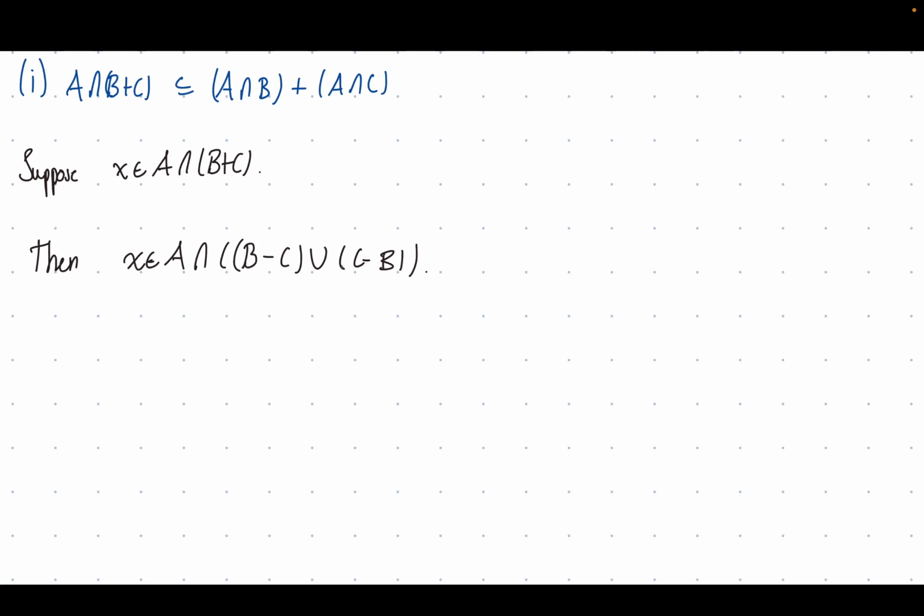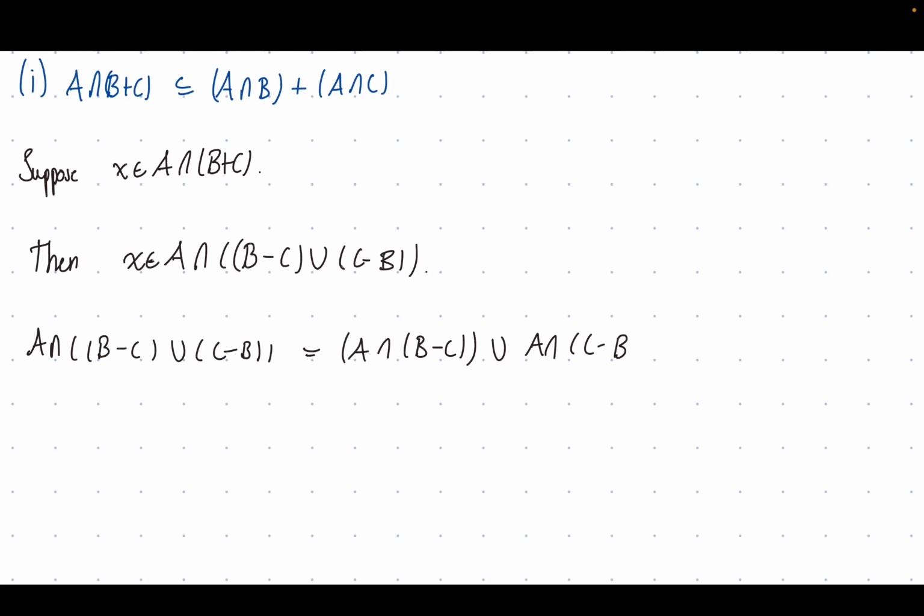Yeah. So intersection distributes over union. So A intersect B minus C union C minus B is going to be equal to A intersect B minus C union A intersect C minus B. And there's a proof of this in the book somewhere.